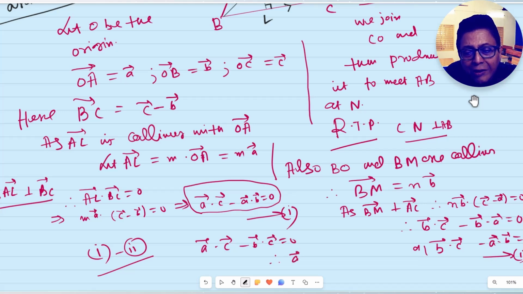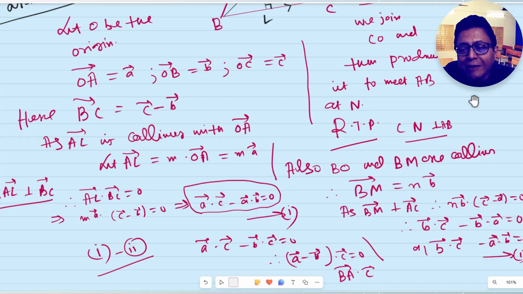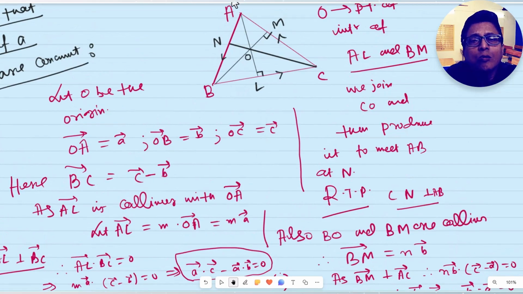You got (A minus B) dot C equal to 0. What is A minus B? That is BA. And C vector means what? OC. So you got BA dot OC is also 0. Now CN is collinear with OC. So if OC is perpendicular to AB, the produced part is also perpendicular, hence the proof.